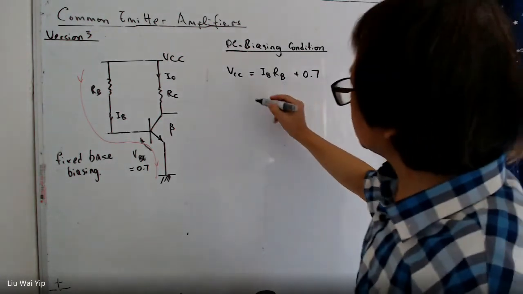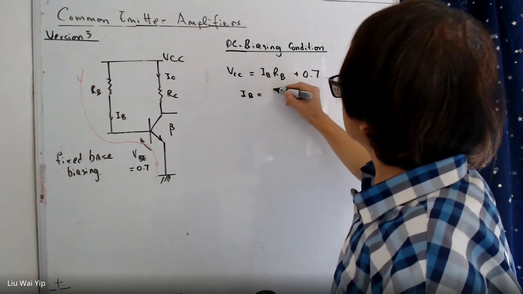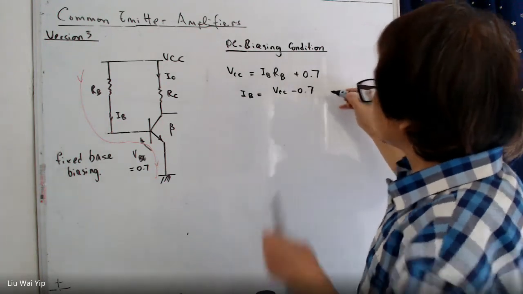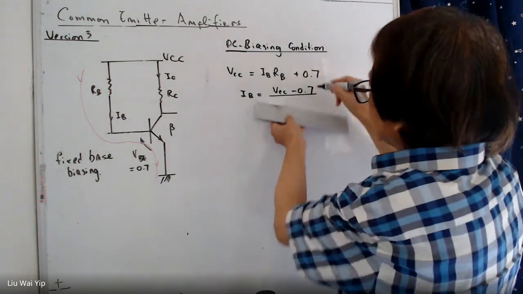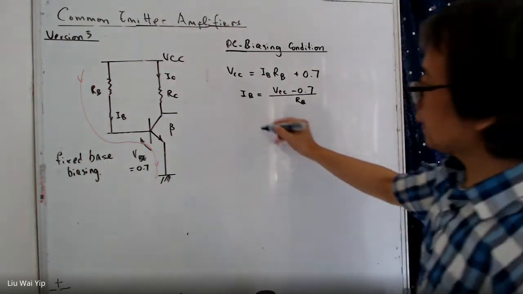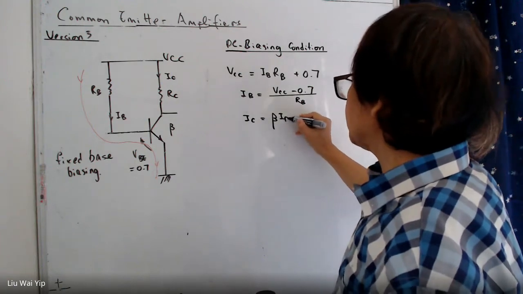And based on rearranging this equation, we end up with VCC minus 0.7 divided by RB. And remember, IC is equal to beta IB.